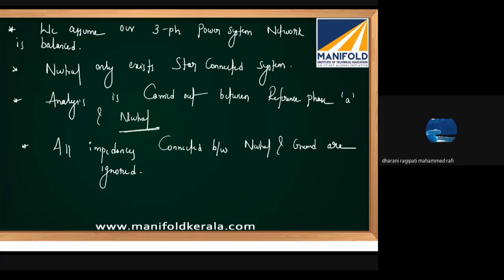Okay, so mostly the sources are connected in star. The transmission lines and loads, even if they are connected in delta, we can easily transform them into equivalent stars, because they are balanced impedances. With this transformation, Z star is equal to Z delta by 3, and we can easily bring them into star connection.